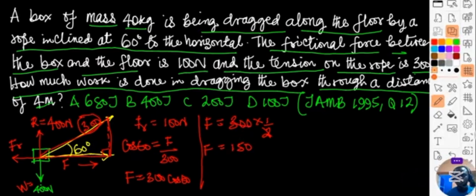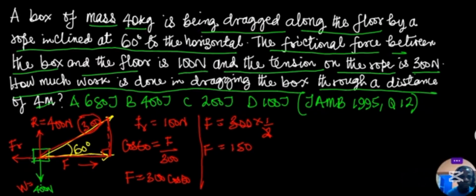In that case, the force that must cause the body to move this way is the net horizontal force. So a force of 150 is acting this way, and a frictional force of 100 Newton is acting this way.